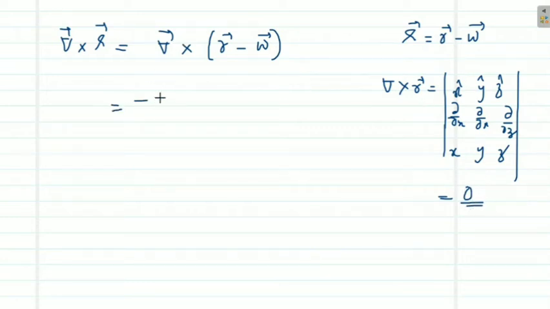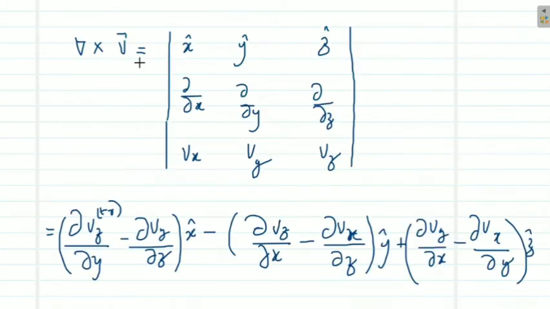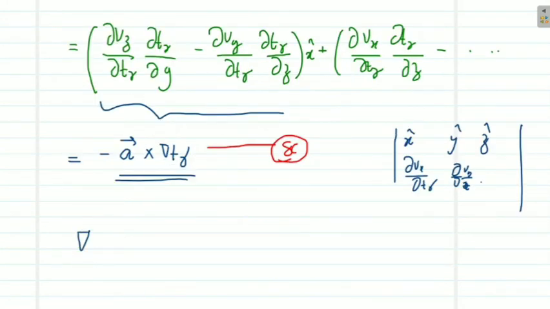Now we need to find minus del cross w bar. You can remember it like this: del cross v bar is minus a bar cross del tr, right? So what will be del cross w bar?